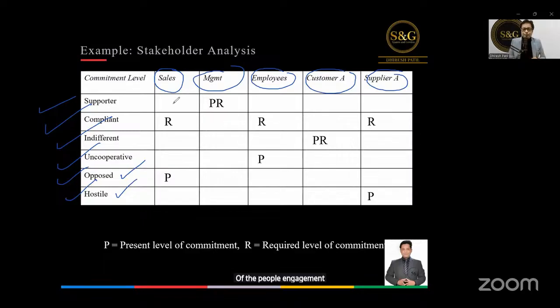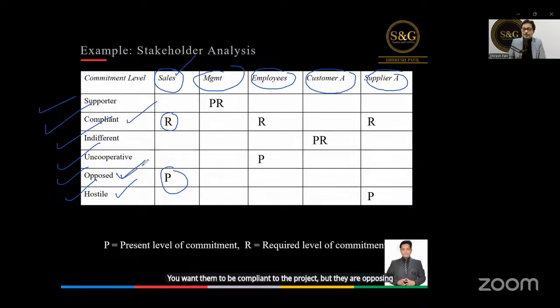Here you will find R as well as P. R means required level of commitment and P means present level of commitment. Yes, exactly, it is their involvement and performance during the project. For example, you want the sales department to be compliant with the project, but they are opposing.